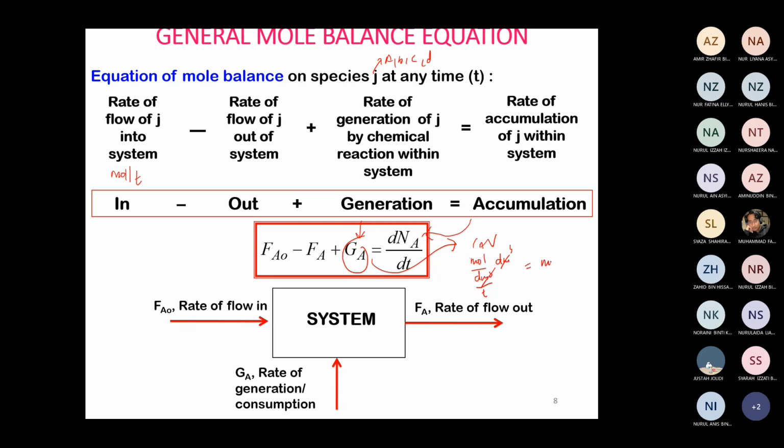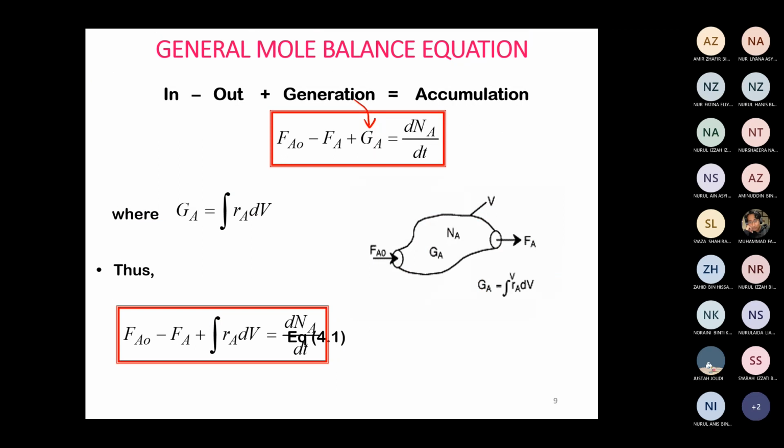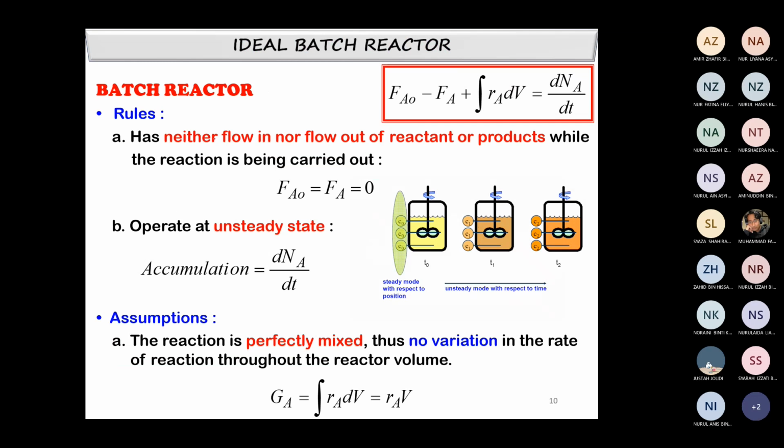You will have the same unit as F_A0, F_A, and dN_A/dt. I won't explain this further. So for a batch reactor, the characteristic is that it has neither flow in nor flow out of reactant or product. So we can cancel this as 0 while the reaction is being carried out.